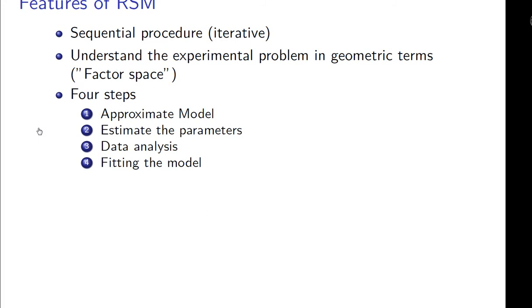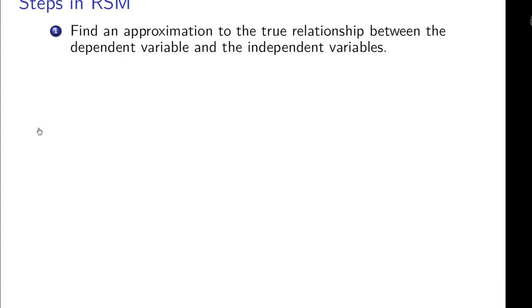So approximate, estimate the parameters of the approximate model, analyze the complete set of data that results from the full experiment, and then fit a more accurate model. So it's an approximation to the real relationship, and it typically might be a low-order polynomial, a first-order approximation.